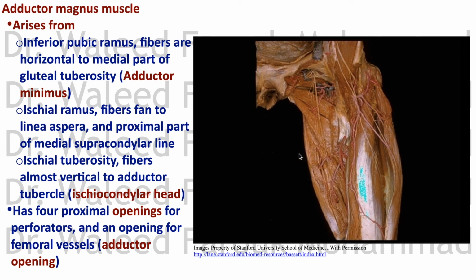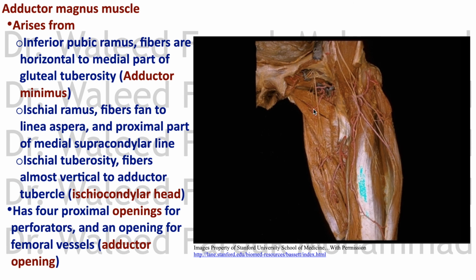So it takes origin from the inferior pubic ramus. Those fibers are almost horizontal, and sometimes it's classified as a separate muscle called the adductor minimus. Then from the ischial ramus backwards, the fibers are oblique till you reach the ischial tuberosity.